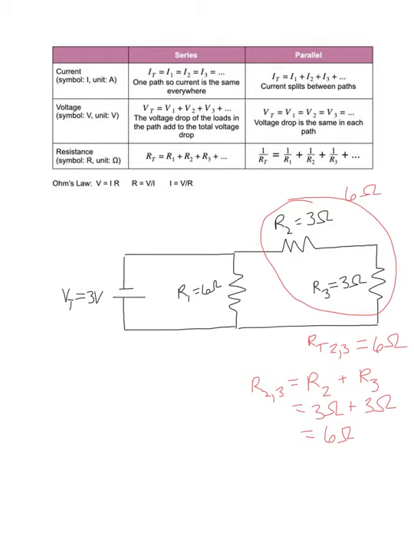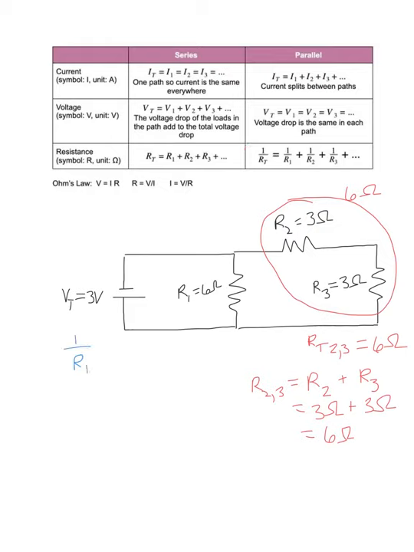So we've combined these two. Now we want to find the equivalent resistance for that whole entire circuit. So we'll take this resistor and combine it with this combined resistor. Since these are in parallel, this is actually just like that parallel example I did, we'll have to use the 1 over RT.